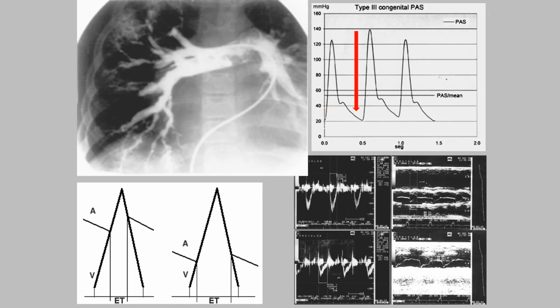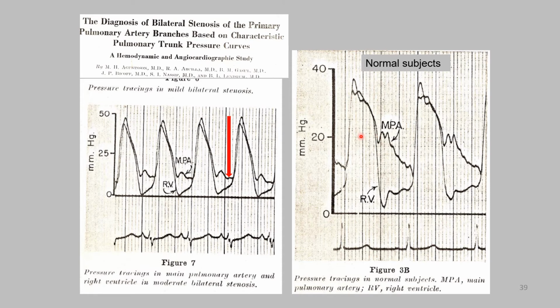And now let's go to the congenital, because until now I said quiet, right? I mean, although I have shown that case of the 14 years old. But in this case, it's a review, the first time that it was brought about, that when you have a bilateral stenosis of the primary pulmonary arterial branch, meaning the left and right, you would have that characteristic curve with a high systolic and a low diastolic.